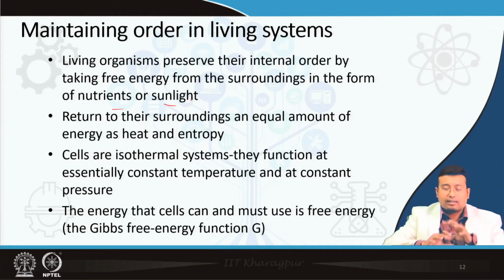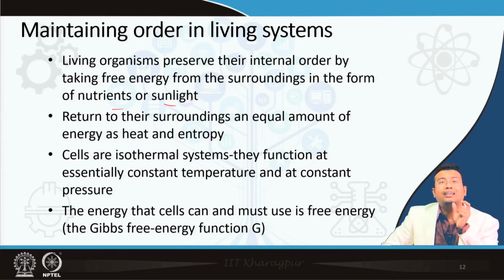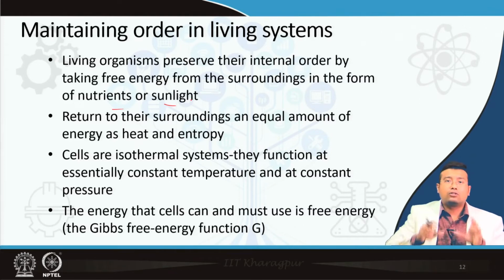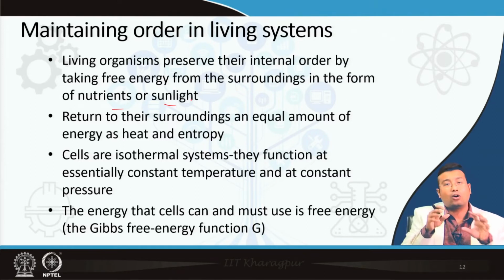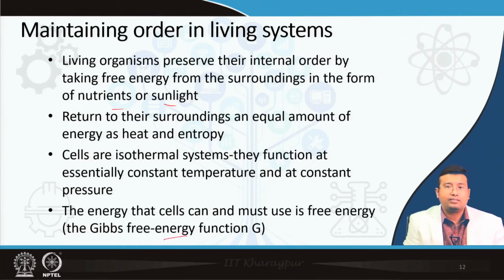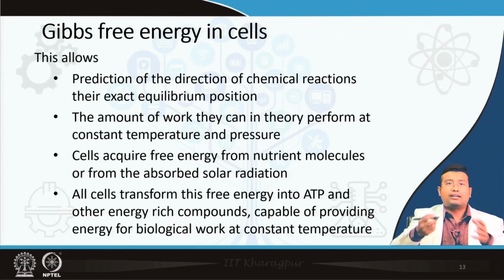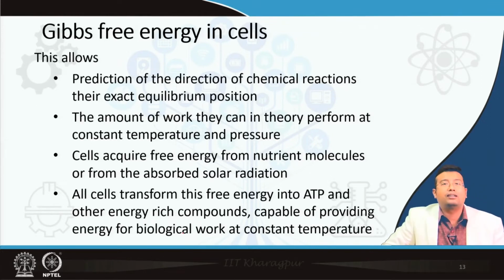But a cell is always isothermal, meaning the internal milieu of a cell has a fixed temperature. So, generally we can consider a cell to be an ideal system where constant temperature and pressure are maintained. So, the only energy with which the cell has to carry out all its functions is actually the Gibbs free energy.